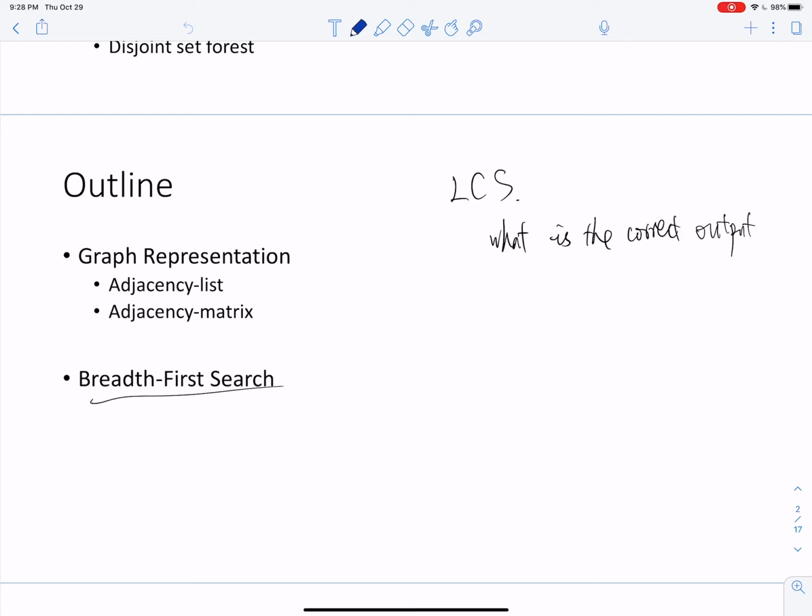I'm not sure if you remember that in my previous lectures I told you that for all the homeworks I'm not going to tell you what the correct output is. Instead, if you pay attention to the lectures and understand the algorithms, either you can figure it out by yourself very quickly, or you can find the correct output from the slides.